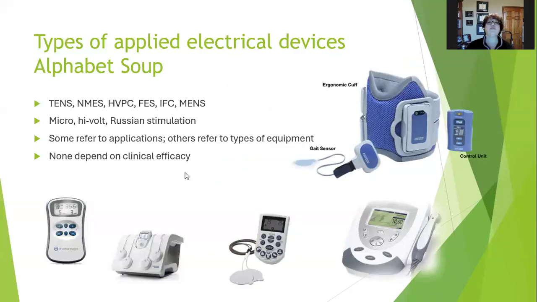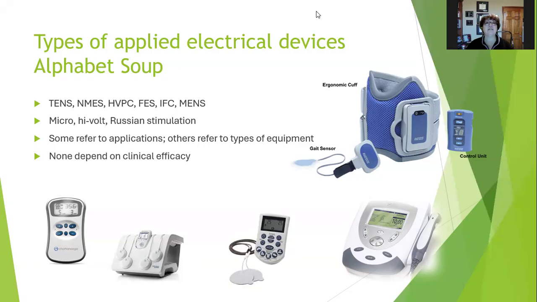So there are all sorts of different applications, applied electrical devices, and I call it alphabet soup because it's all TENS, NMES, HVPC, FES, IFC, all these different things. And then a bunch of other different names, microvolt, high volt, Russian stim. Some of those things refer to applications, others to types of equipment.